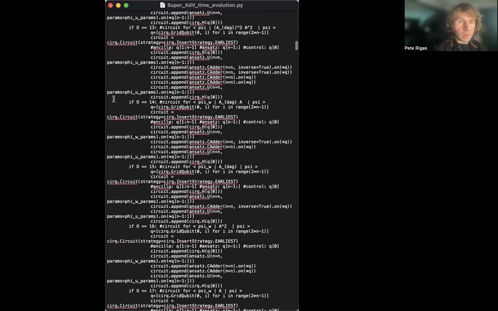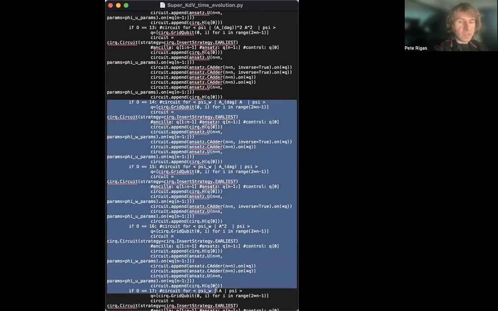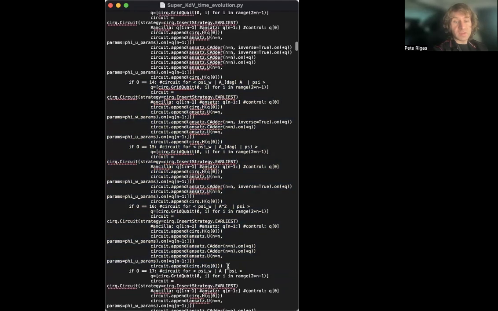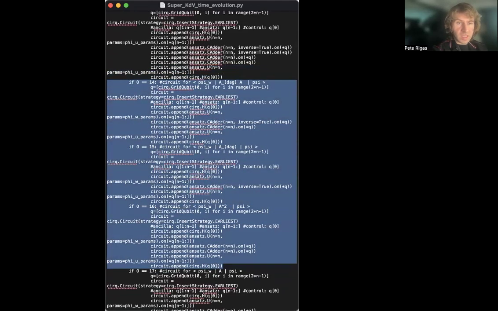And the additional expectation values that we have to specify for these types of circuits are really exhibiting how the super KdV equation or even other types of structures of PDE can come into play.